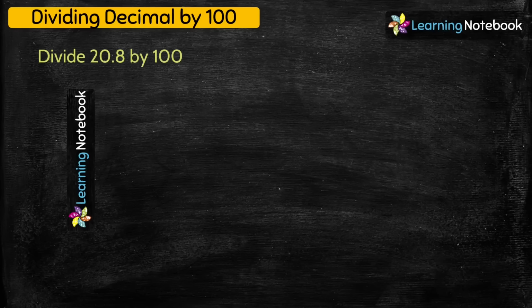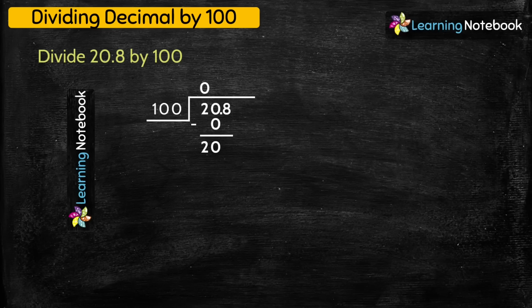So we will do 100 into 0 equals 0. And 20 minus 0 equals 20. Now division of whole number part is complete. So let's put a decimal point in the quotient. Now let's continue with the division.